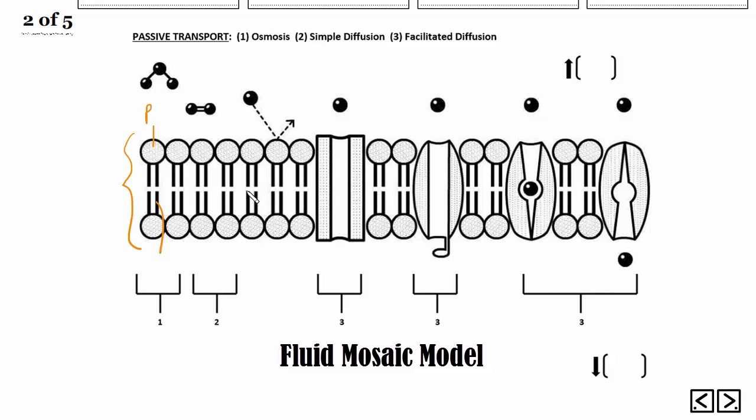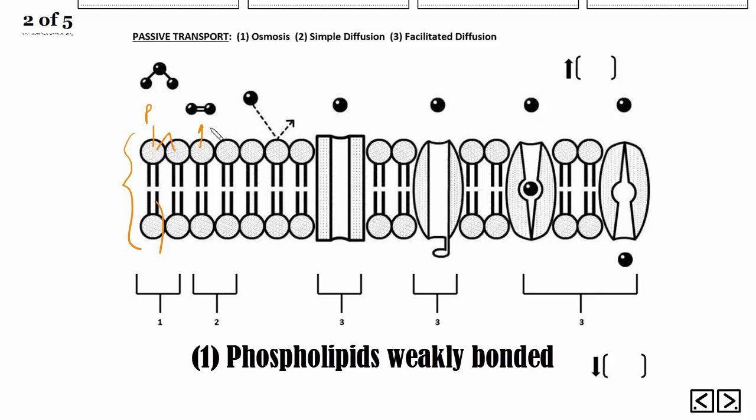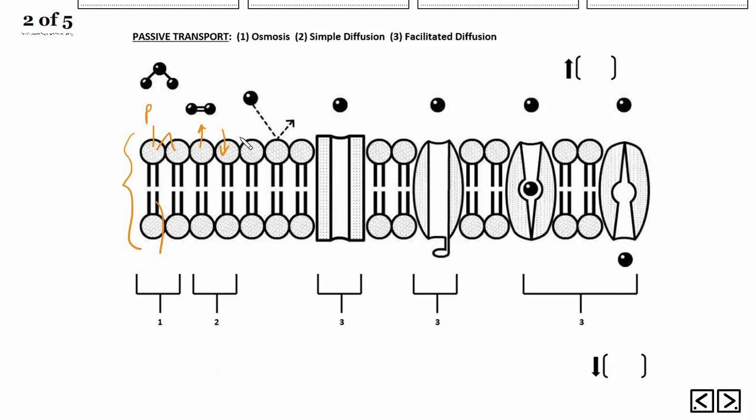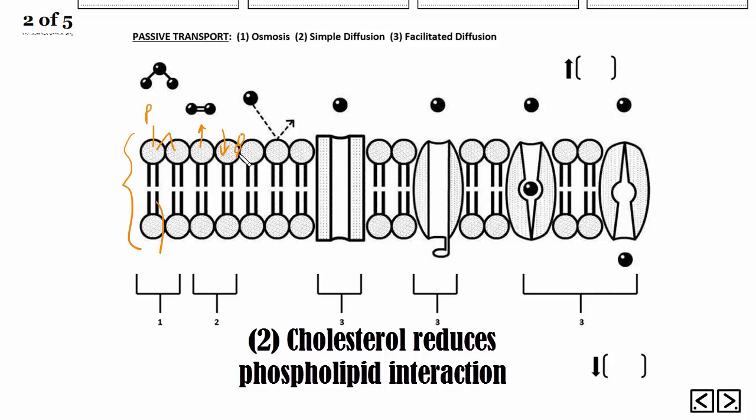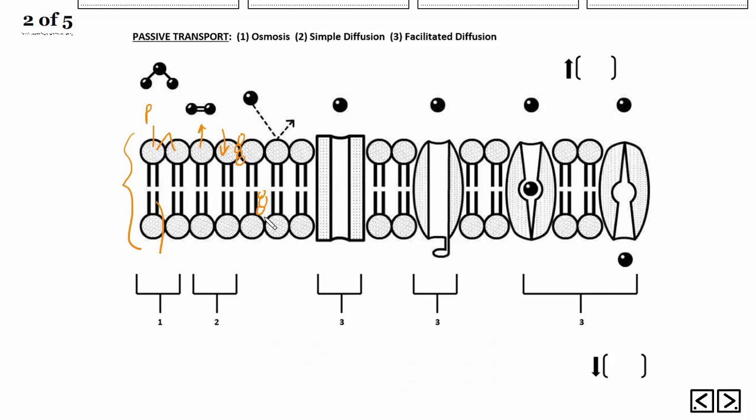It's fluid in that there are phospholipids here which are not rigidly attached to each other, not rigidly bonded, so that they can sort of move up and down. And there's also cholesterol, which is the 4 fused rings at various spots throughout the membrane, intercalating or pushing between the phospholipids, and that pushes the phospholipids apart.